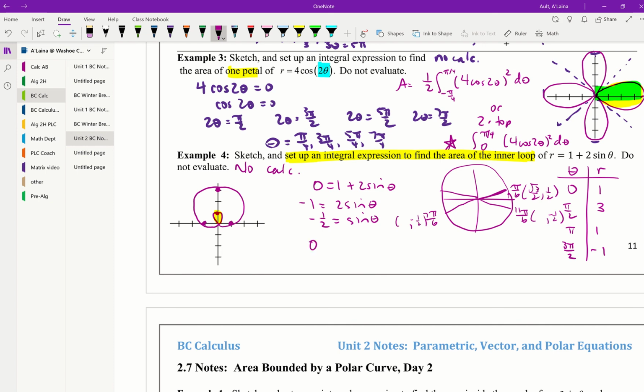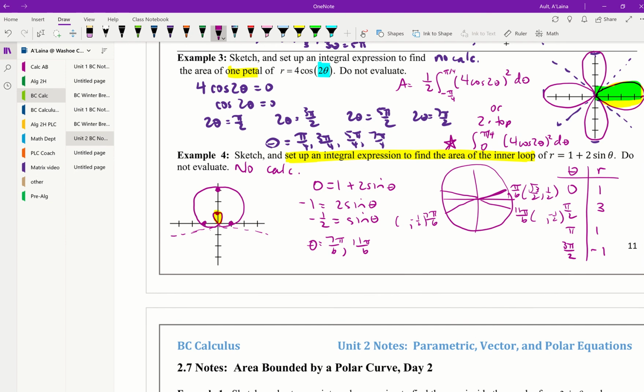So theta is actually going to equal 7 pi/6 and 11 pi/6. At 7 pi/6 and 11 pi/6, you might notice there's nothing in that region for that part of the cardioid, at least not on this positive side. It's because the radius becomes negative in between those areas. And that's how we form the inner loop.